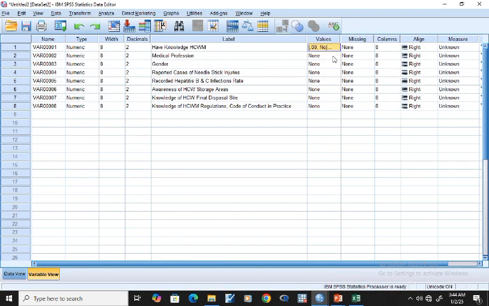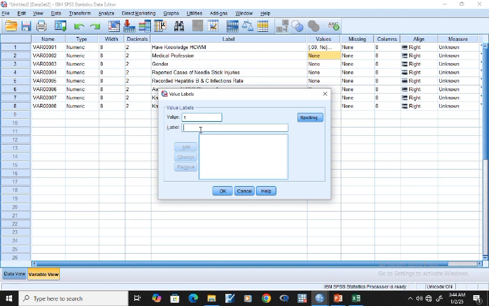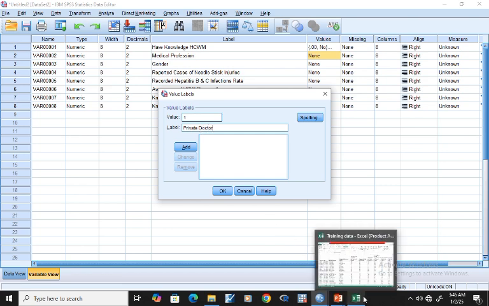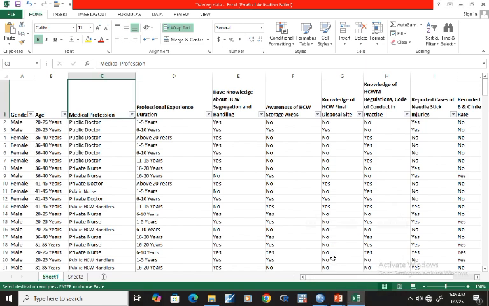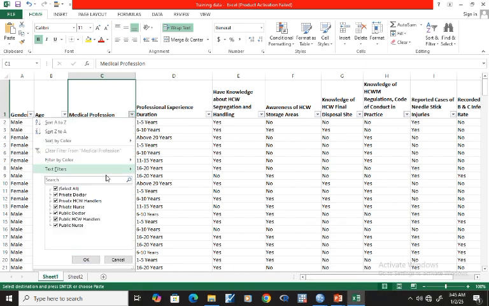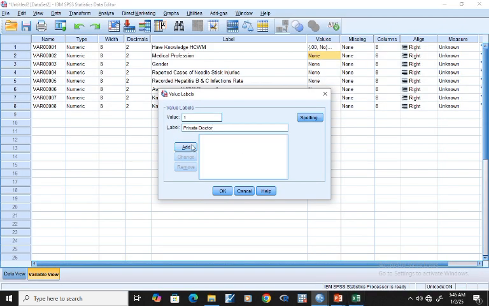The value 1 is for private doctor, 2 is private healthcare waste handler, 3 for private nurse.